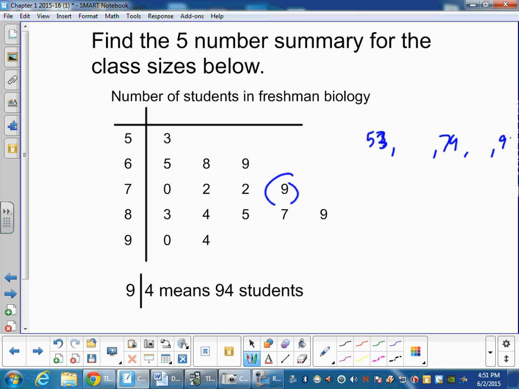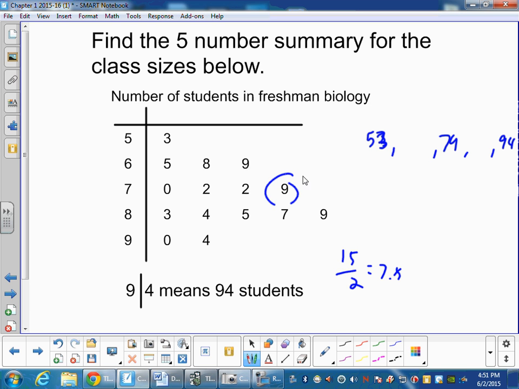Now another way of finding it, if the data set's much bigger than this, is you count up the data pieces 1, 2, 3, 4, 5, 6, 7, 8, 9, 10, 11, 12, 13, 14, 15. And if I divide by 2, that means there will be 7.5. So there's 7 on one side, 1, 2, 3, 4, 5, 6, 7. 7 on the other side, and that's the one in the middle.